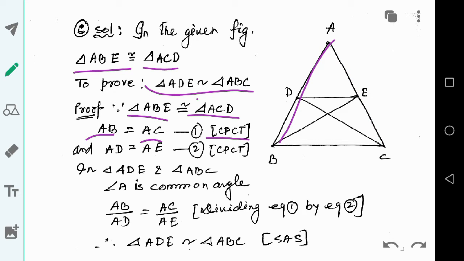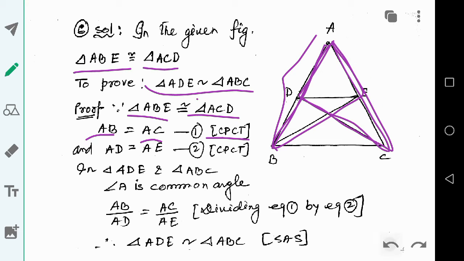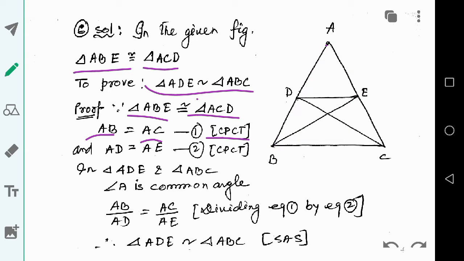Also, side AD of triangle ACD must be equal to side AE of triangle ABE. By the same reason, CPCT, these two sides are equal.